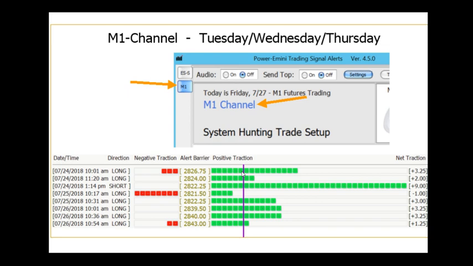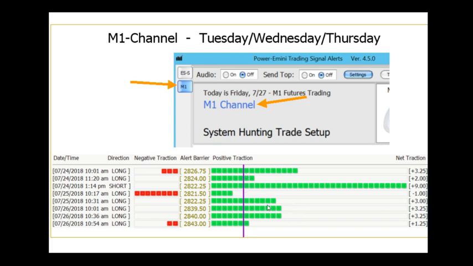That's how you build points. So if you're following the M1 channel, get in there, and when you're starting, take your points. Take 1 point targets, build up some risk capital. Then you can start to open things up.